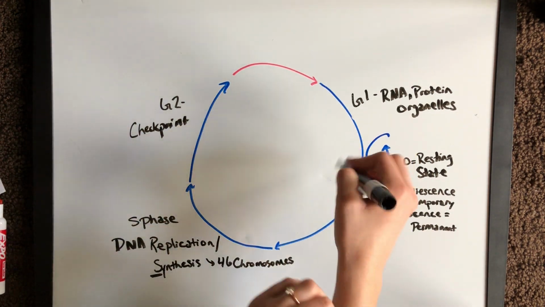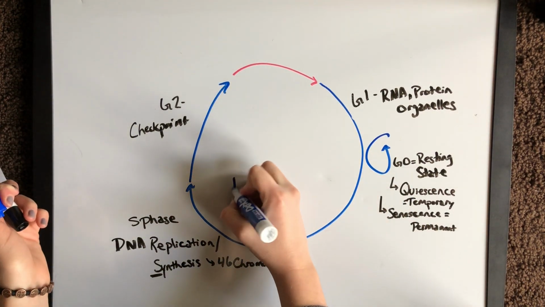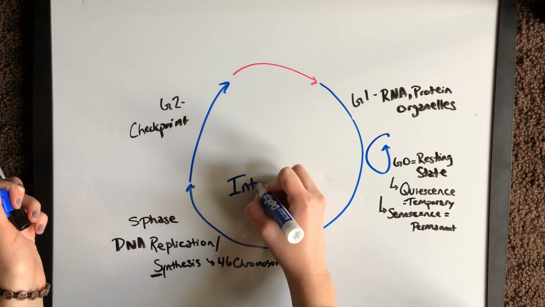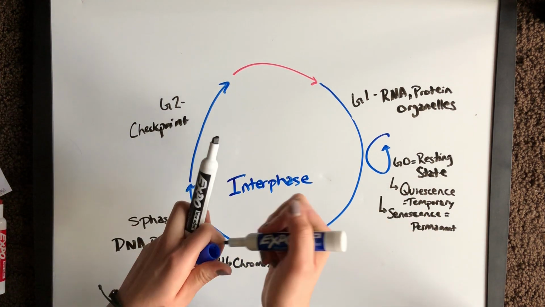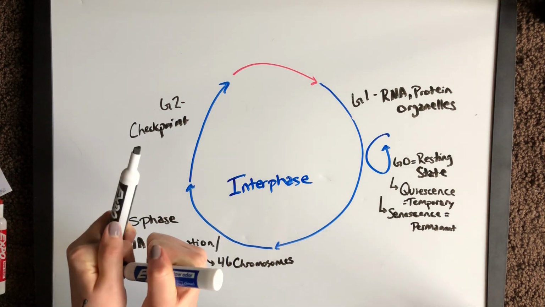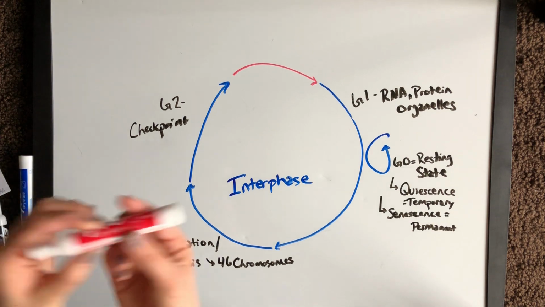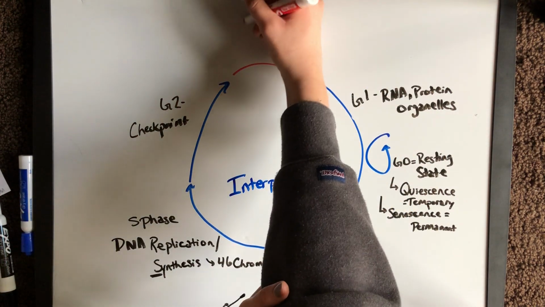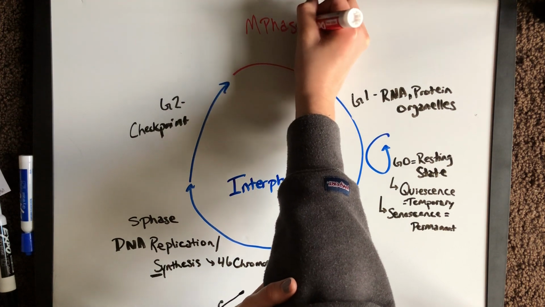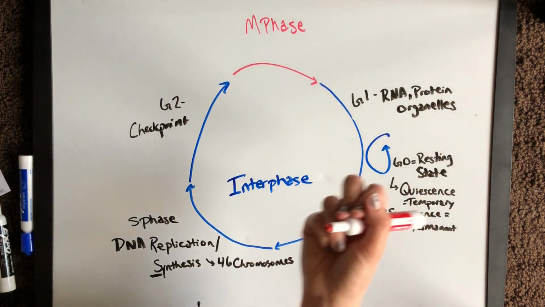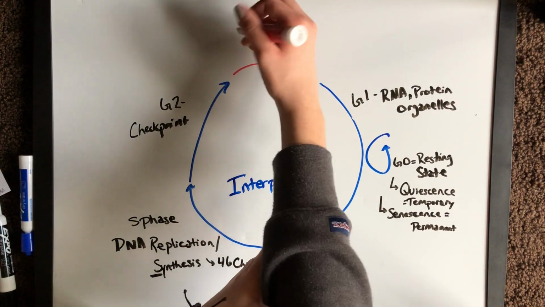Okay, so all of this blue is interphase. And then all of the red up top, just the one arrow, is our M phase. Our M phase is composed of mitosis and cytokinesis.